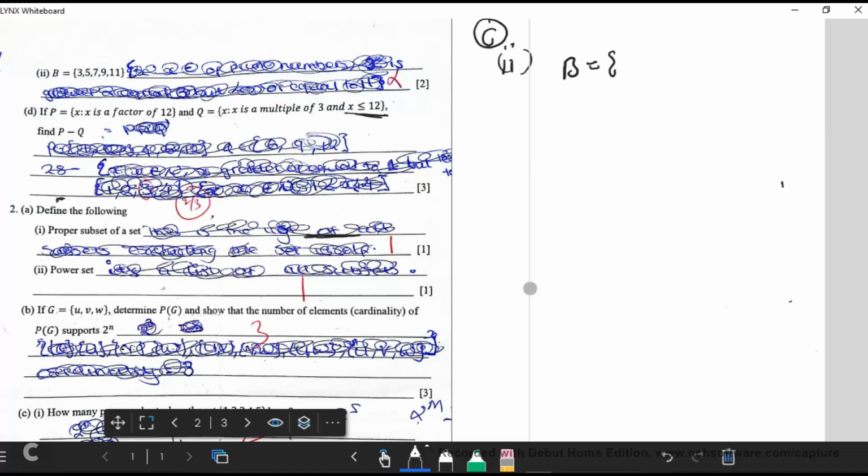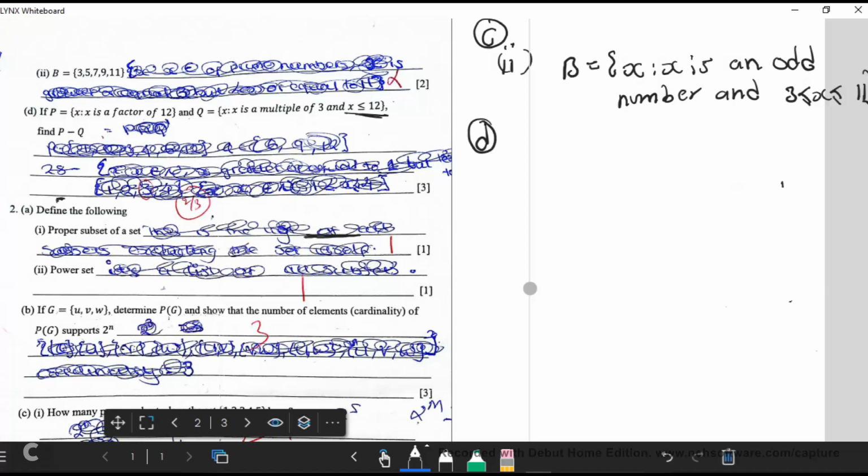So you have to say X is such that X is an odd number. And what is the range? It's 3 less than or equal to X less than or equal to 11, like that, right? So this is how you find that one.